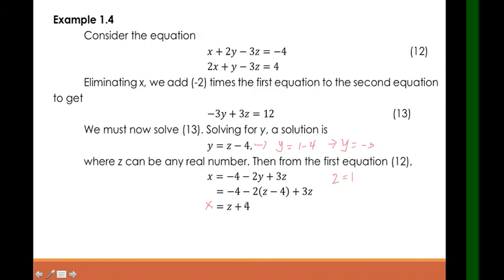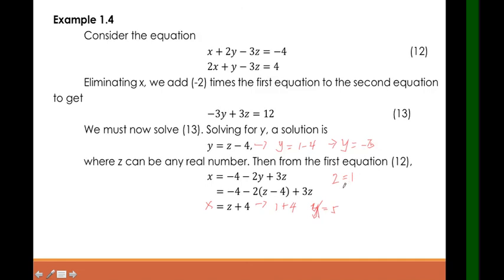And if that is 1, then this will become 1 plus 4, therefore x is equal to 5, if I'm correct. So therefore, x is equal to 5, y is equal to negative 3, and z is equal to 1. The solution set is 5, negative 3, and 1.